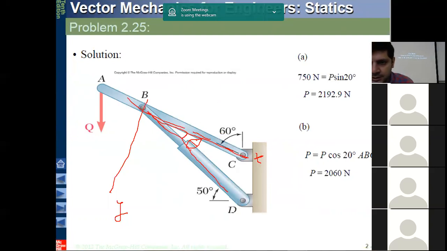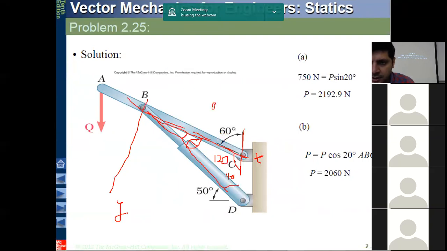Okay, so this theta, so this angle here is 90 minus 50, which is 40. And this angle here is 180 minus 60, so this is 120.